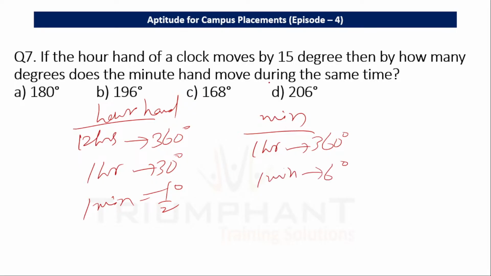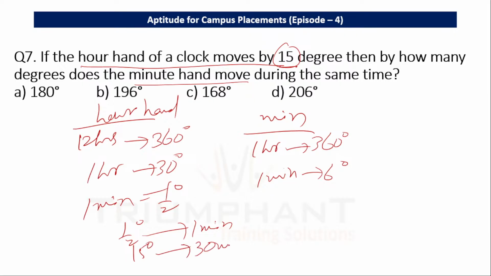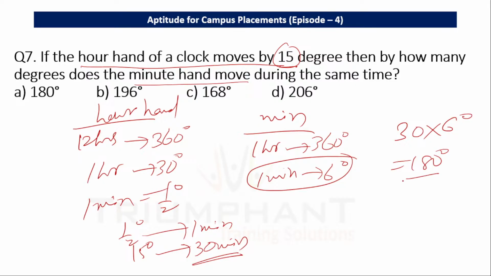Now in the question, by the time the hour hand covers 15 degrees, how many degrees does the minute hand cover? The hour hand covers half a degree in 1 minute, so to cover 15 degrees it requires 30 minutes. In 30 minutes, at 6 degrees every minute, the minute hand covers 180 degrees.